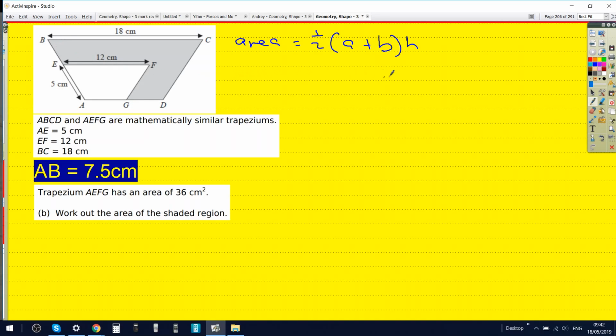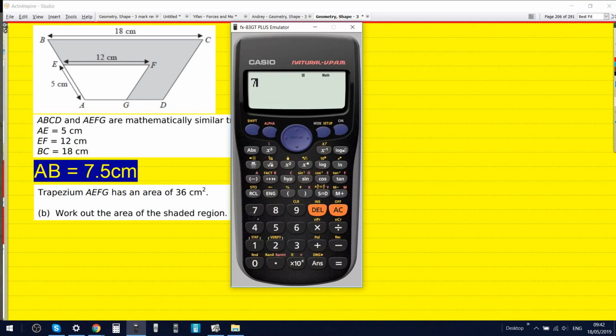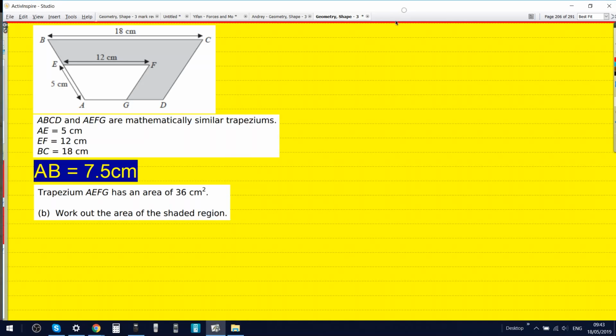So what's the scale factor? 1.4. Isn't that 1.5? Do I need to do 7.5 divided by 5? So that's 1.5. Yeah. And so the scale factor is 1.5.